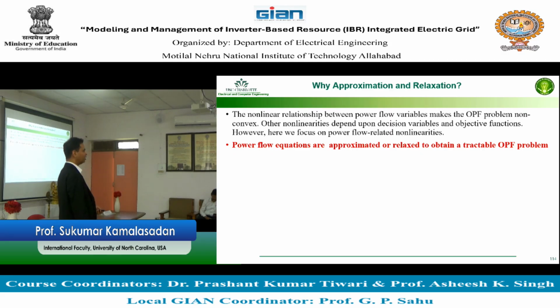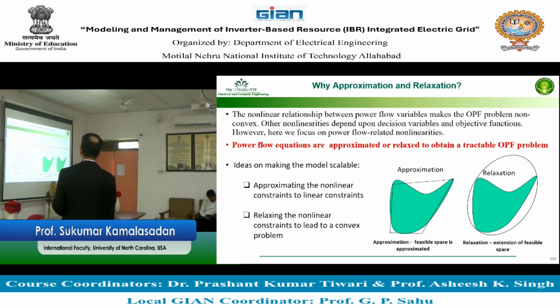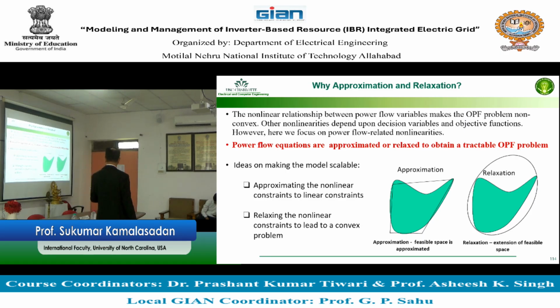So now we will talk about convex optimization. This is an example of approximation and relaxation. What are we doing in approximation? We are cutting some things. In the approximation, we are approximating this whole thing with this box.